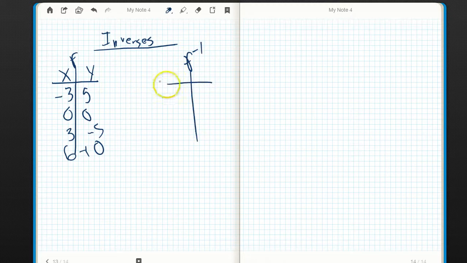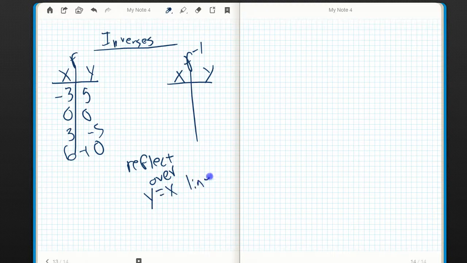Because when we graph it, we just reflect it over the y is equal to x line to get the f inverse. But we don't even have to do that, because when you reflect over the y is equal to x line, all you're really doing is just switching your x and y's.